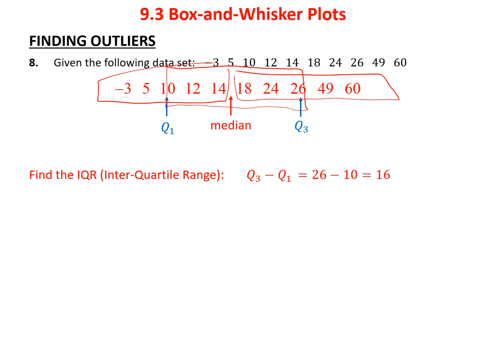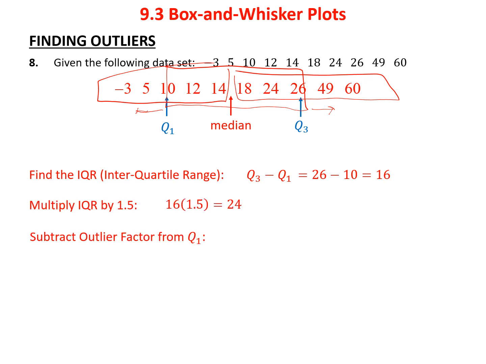Now I want to figure out how far I go if I go 1.5 times the interquartile range. 16 times 1.5 is 24. So if I start at Q1, which is 10, and subtract 24, that's minus 14. That would be all the way over here at minus 14 if this is on a number line.